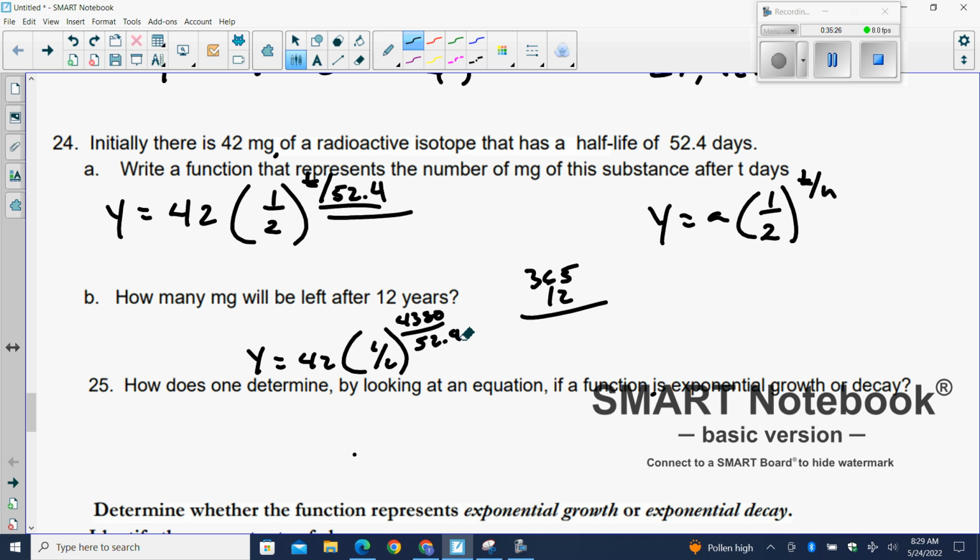What do you think this answer should be? Big or small? How many times will this thing be cut in half in 4,380 days? A lot. This should be a very small number. When you hit enter, I get 2.88, this e to the negative 24 thing. What does this mean?